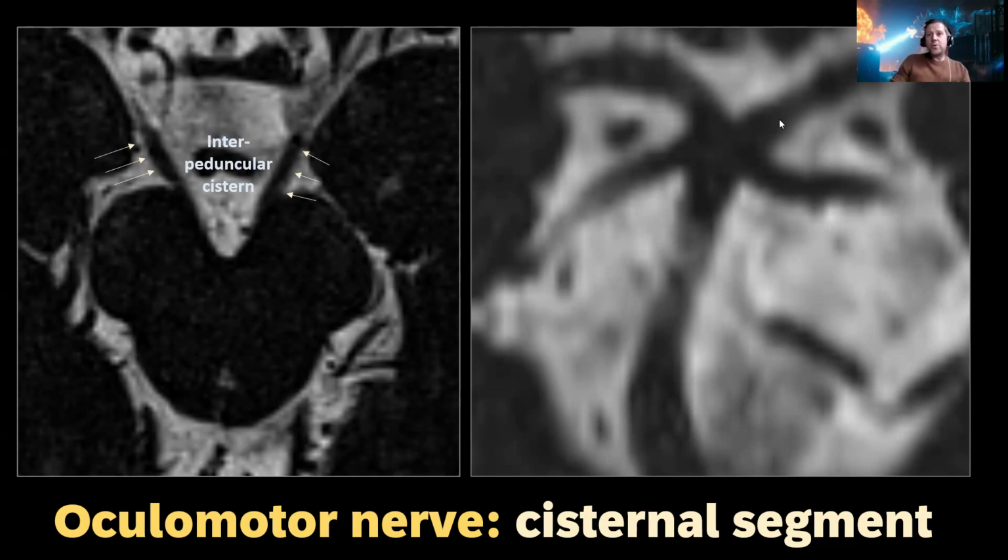This is a coronal image, and on it we nicely see the anatomy of the basilar artery, and on top of the basilar artery we see the two posterior cerebral arteries and the two superior cerebellar arteries, and the dot in between is the oculomotor nerve in the interpeduncular cistern. This anatomy is quite important because it will explain why in some cases the oculomotor nerve can be compressed by certain vascular structures or by aneurysms.